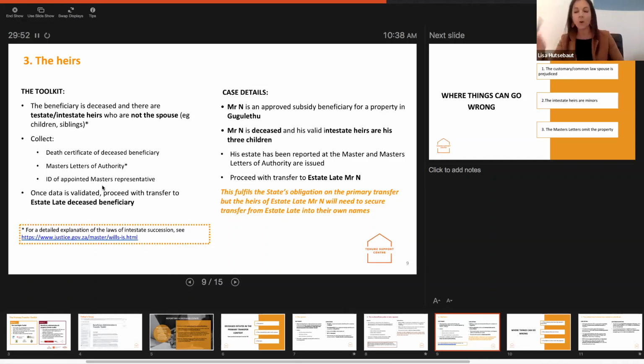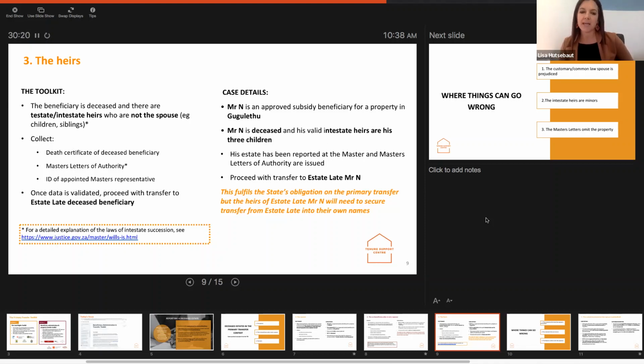And obviously, the only way you're ever going to get a death certificate is by reporting the death at Home Affairs. To answer your question, if you don't have those two documents, I actually have no idea, and it's something that we can certainly look into, if it is of relevance to you and you're seeing a lot of these cases and need some guidance on what to actually do.